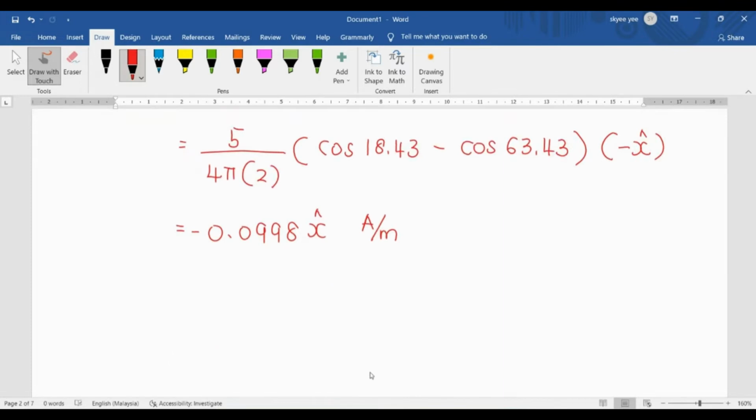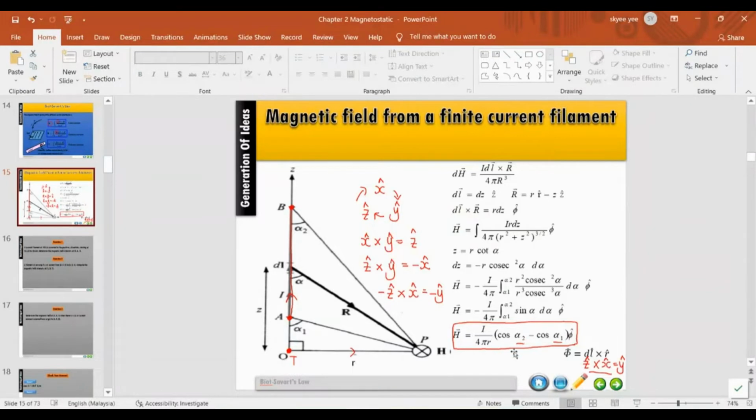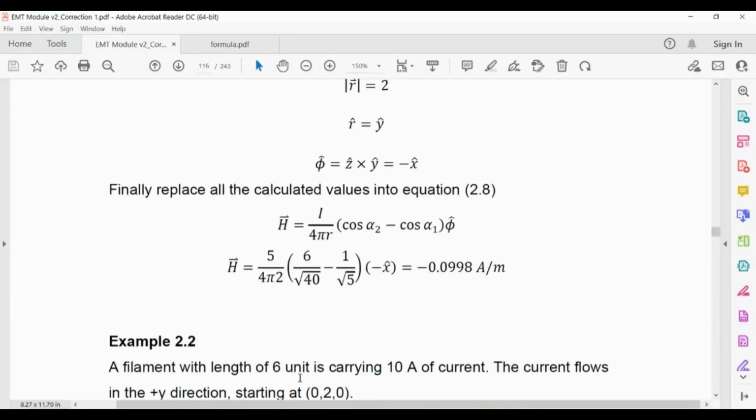Okay, so this is method one, where you apply the formulas. What if you don't want to use this one? You use this, which is based on integration. What should you do? You can refer back here.